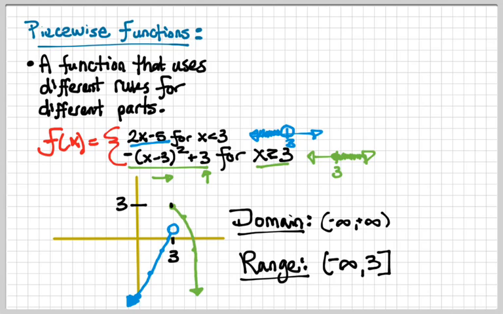On your test or on your quiz, which you'll have coming up shortly, you will be able to use your graphing calculator to set the domain and graph it, but then you will have to know which function is open and which one's closed, and also how to write the domain and range.